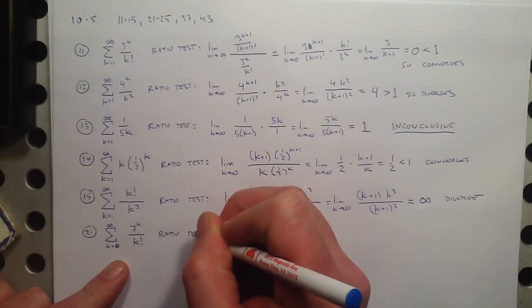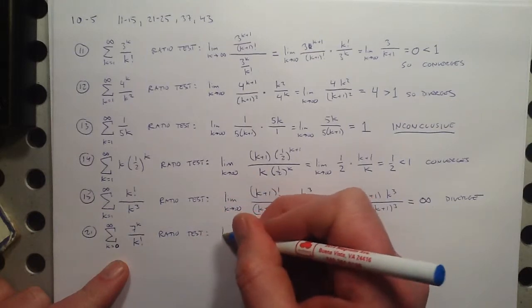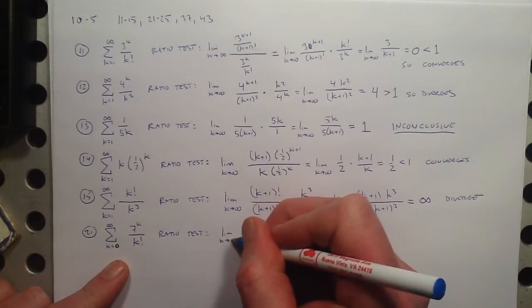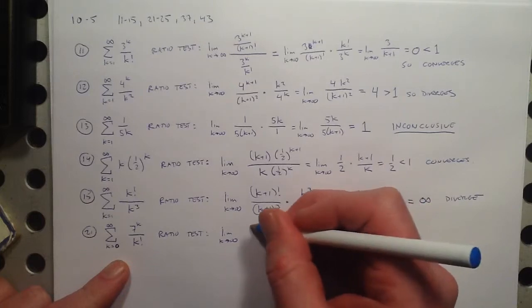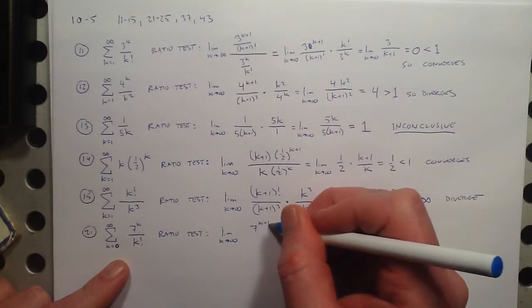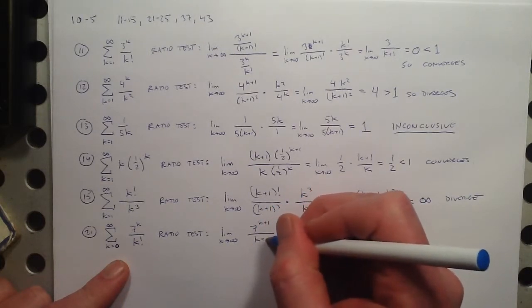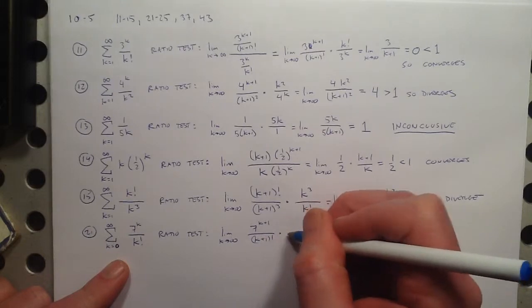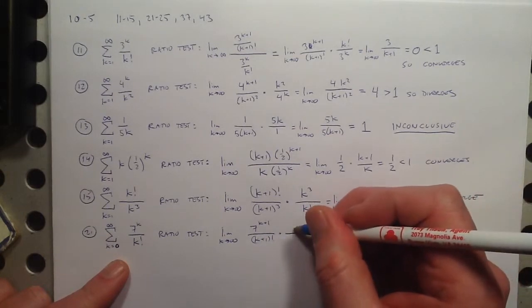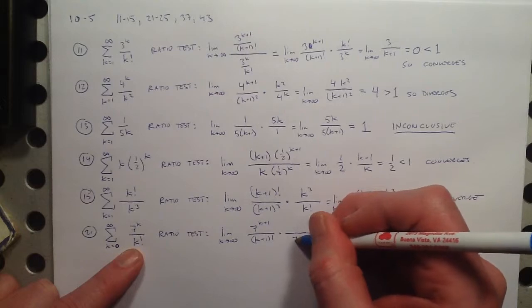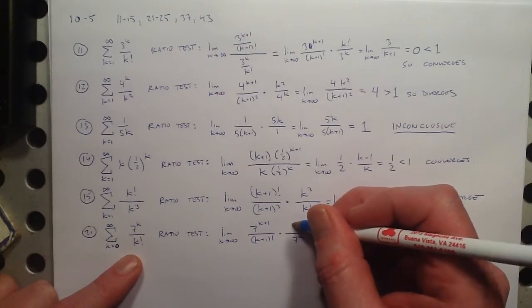Let's do the ratio test. The limit as k approaches infinity, the k plus 1 term over k plus 1 factorial divided by the k term, same as multiplying by the reciprocal.